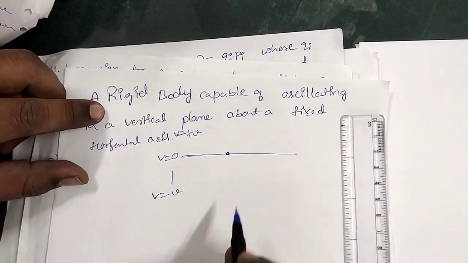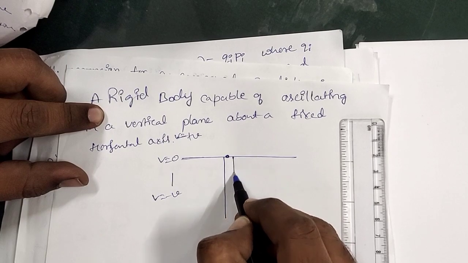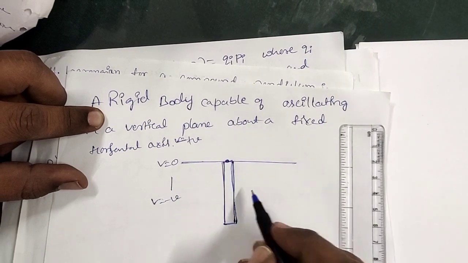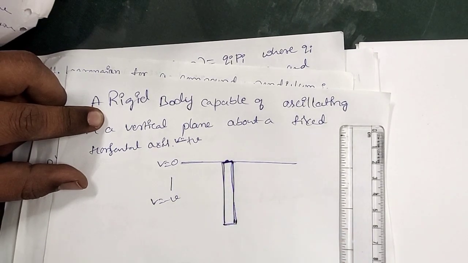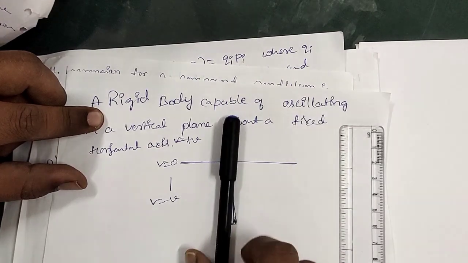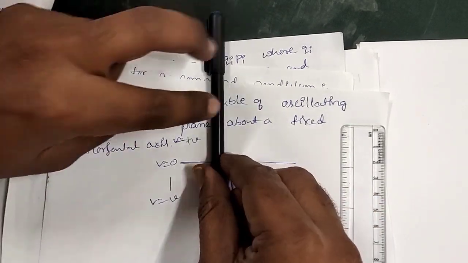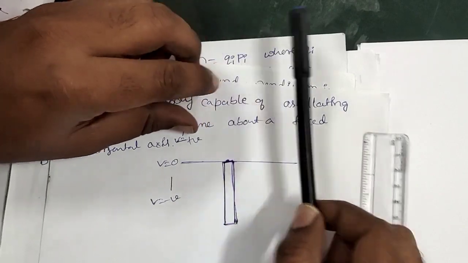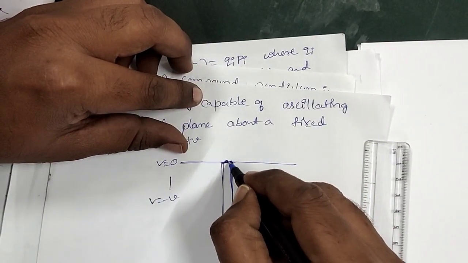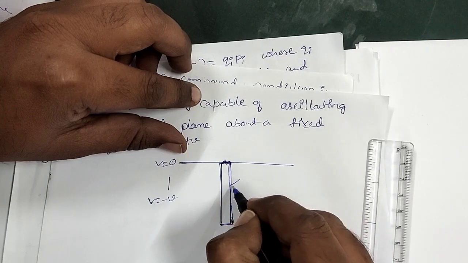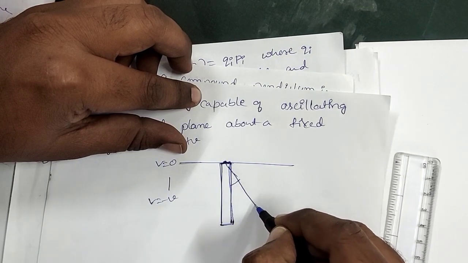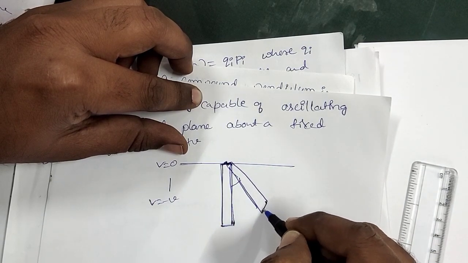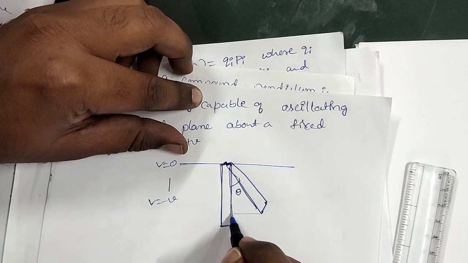This is our compound pendulum, which is fixed and free to move like this, oscillating like this. At a fraction of time it has moved from here to here, which makes some angle theta.